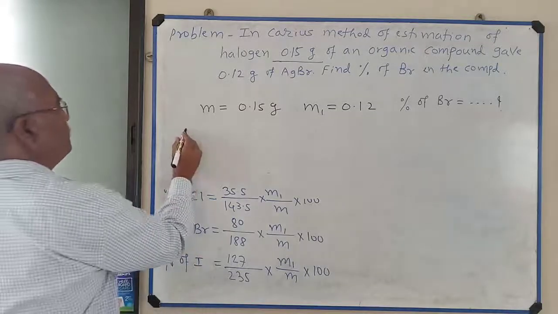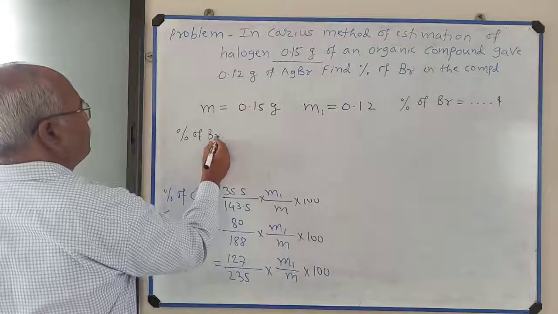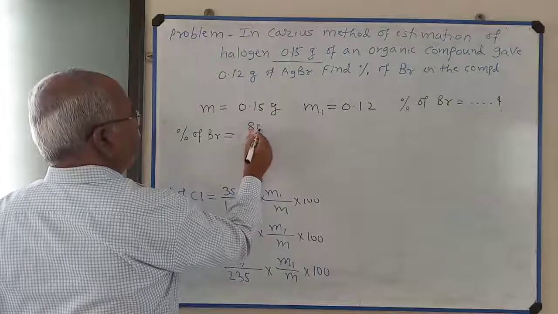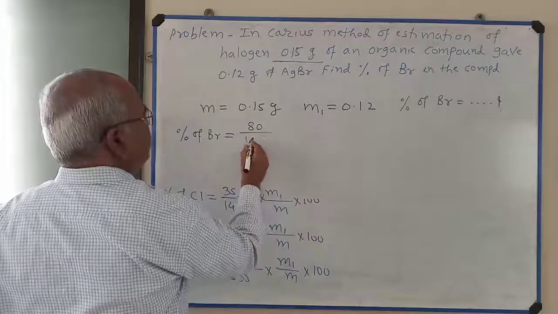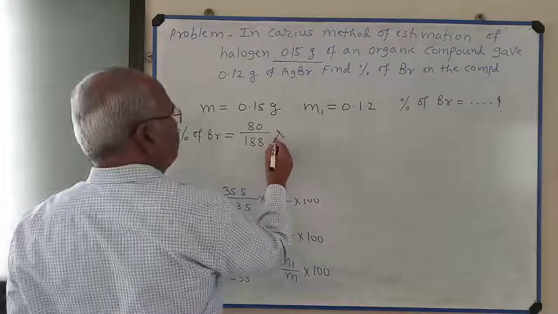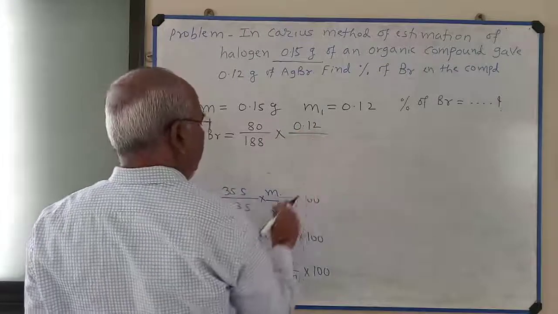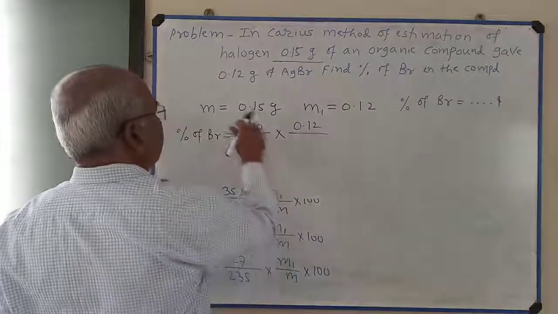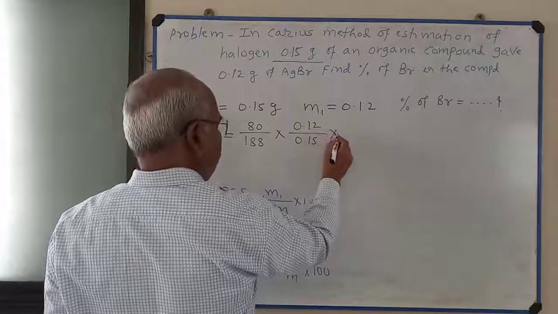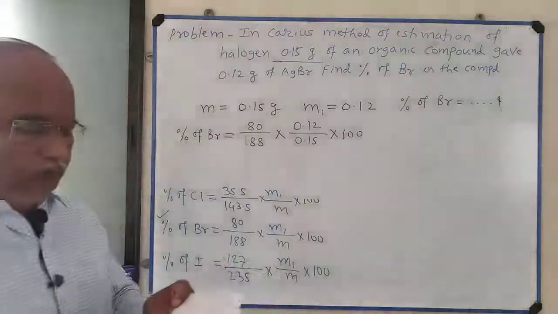So percentage of Br is equal to 80 divided by 188 into m1, 0.12, upon m, 0.15, into 100.